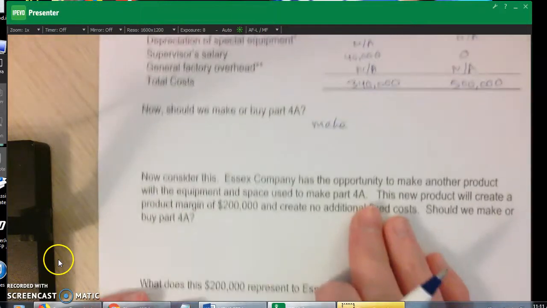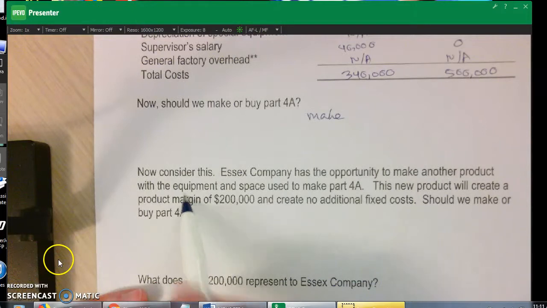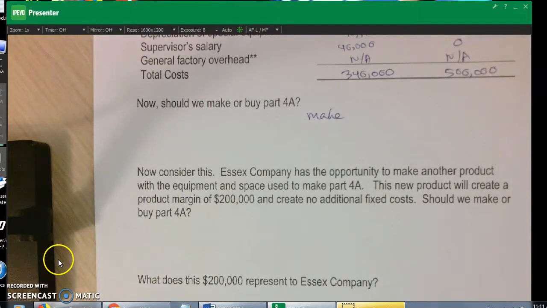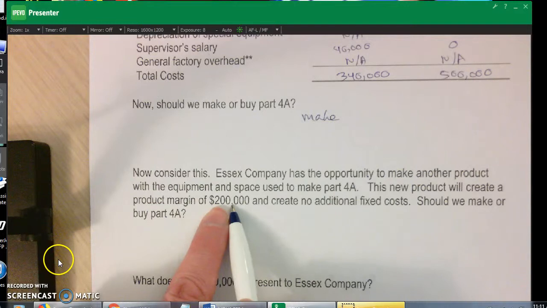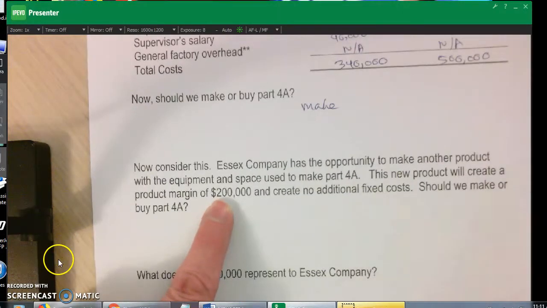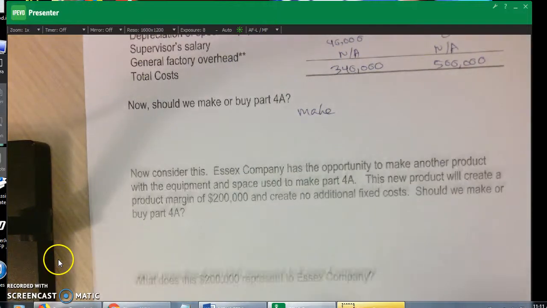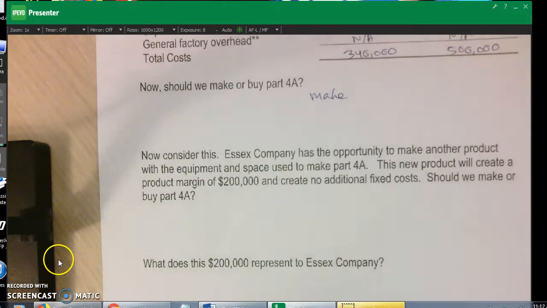Now let's look at a slight wrinkle at this. Essex Company has the opportunity to make another product with the equipment and space used to make Part 4A. This new product, call it Part 4B, has a product margin, which means it has a profit of $200,000 and does not create any additional fixed costs. Now what should we do? The first thing is, what does this $200,000 represent to Essex Company?